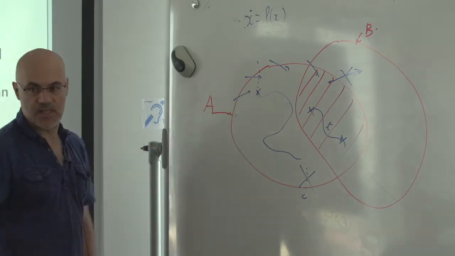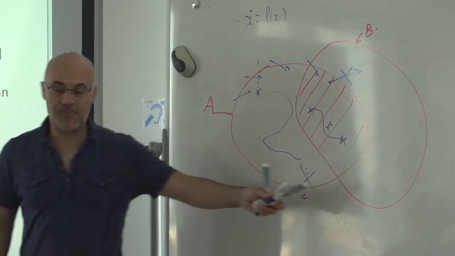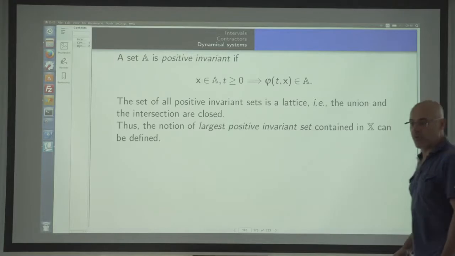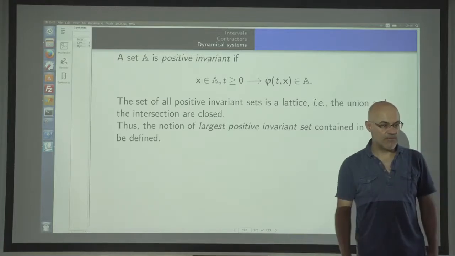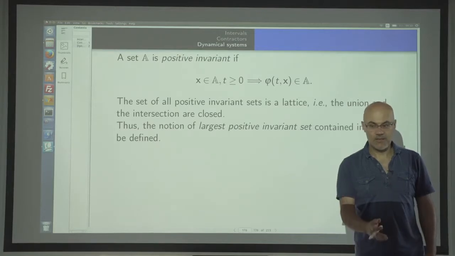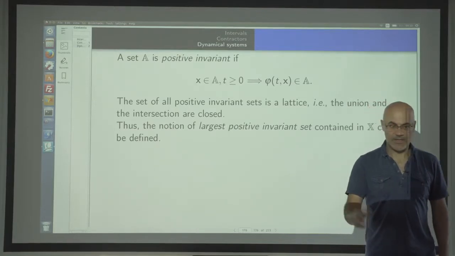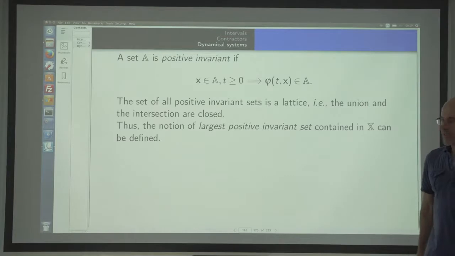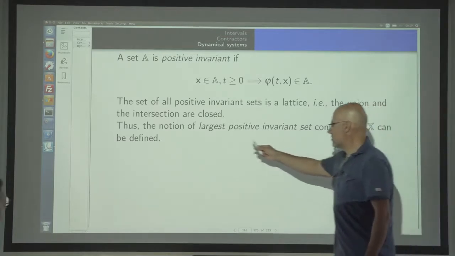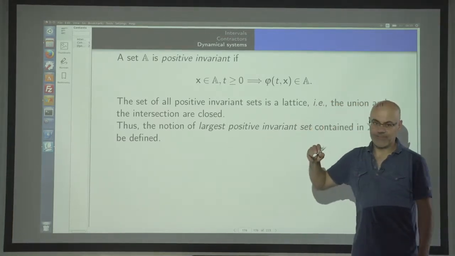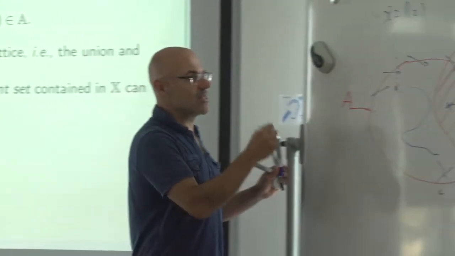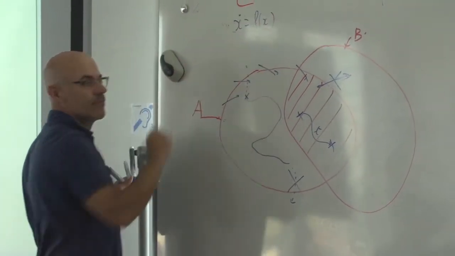If A is positive invariant and B is positive invariant, do you think that A union B is positive invariant? Yes? For everybody? Okay. So it means that it is a lattice. It is a lattice with respect to the inclusion.